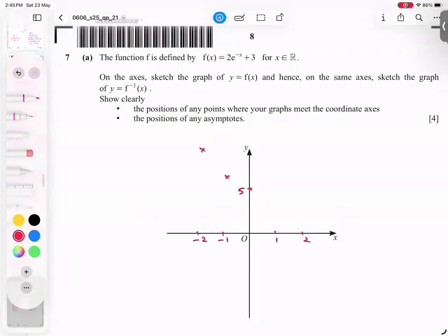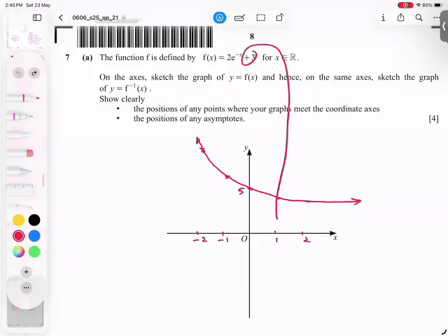If I replace positive 1, I'm getting 3.7 something. And if I replace positive 2, sorry, the graph is coming like this. It becomes parallel to the special line, and that is the asymptote. If you can guess from here, the asymptote is 3.